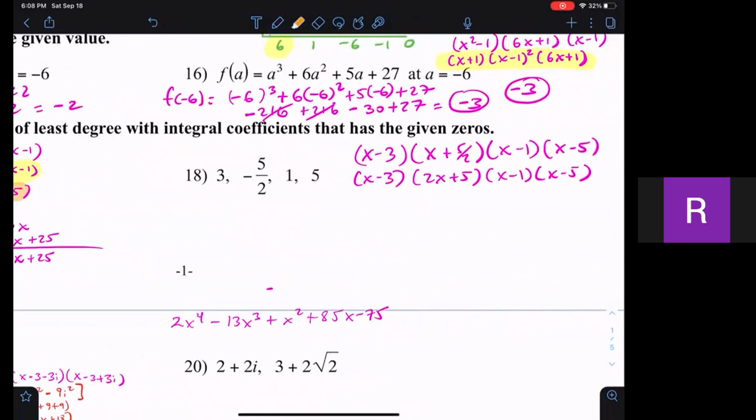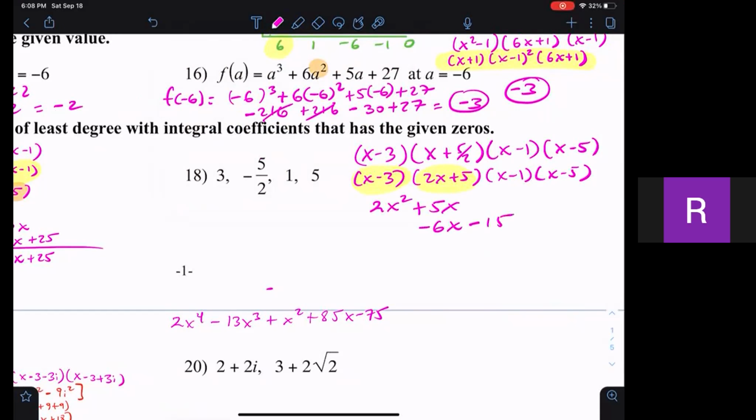Let's do these two first. So this is going to be 2x squared, and plus 5x minus 6x minus 15.